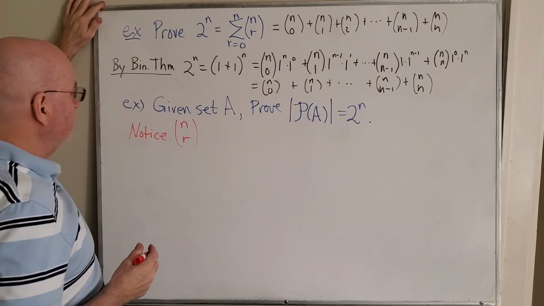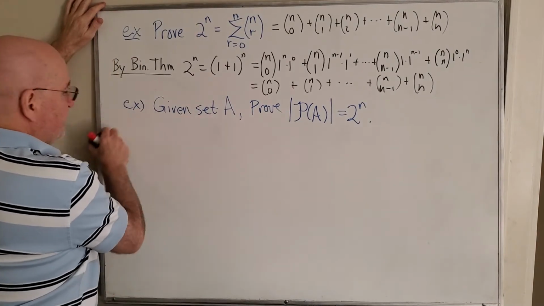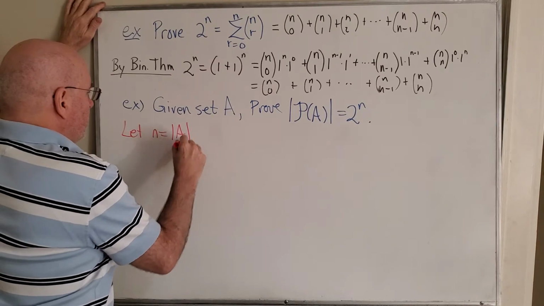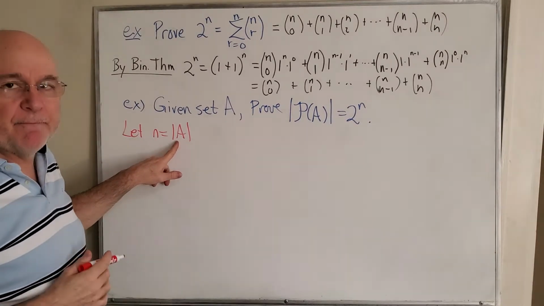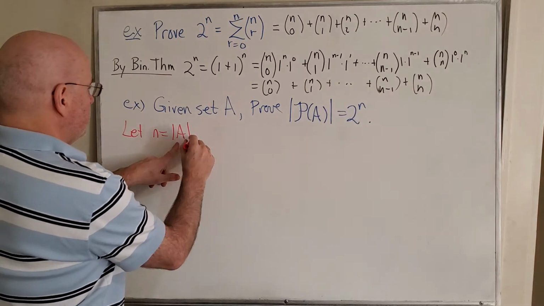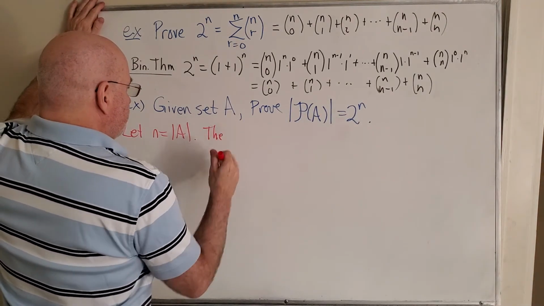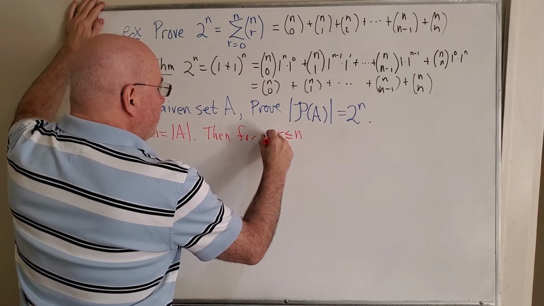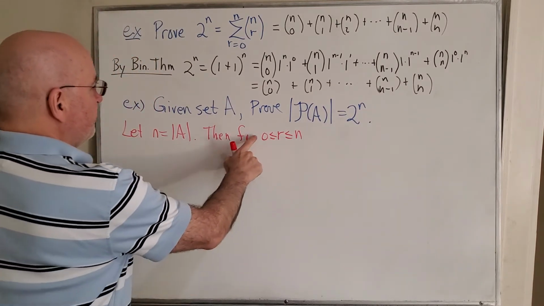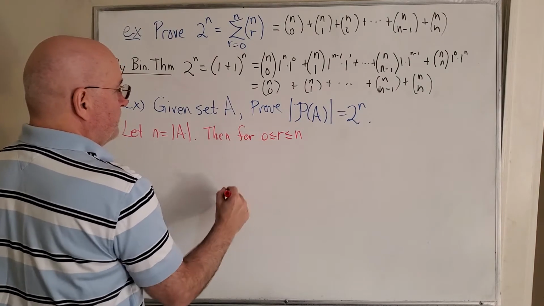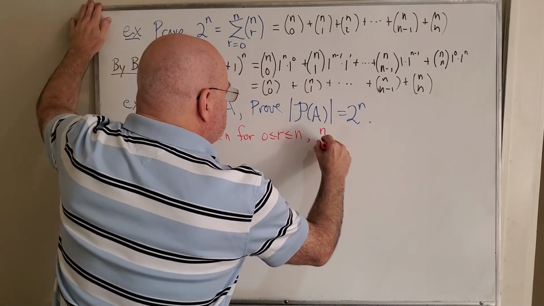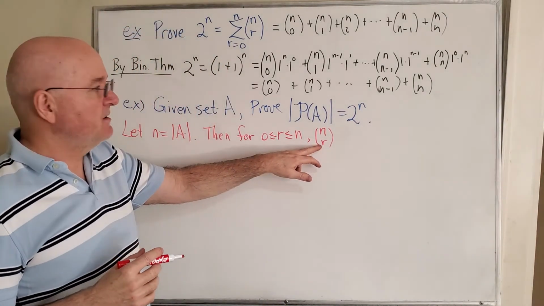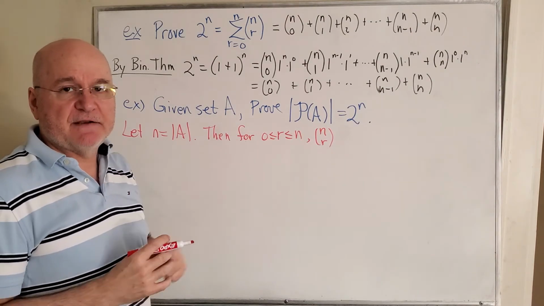And let me do two things. Let's let n equal, what does that mean? The number of elements in A. Then, for the number r, somewhere between 0 and n inclusive, n choose r means how many ways can I take r elements out of the set A, out of the set of n elements?